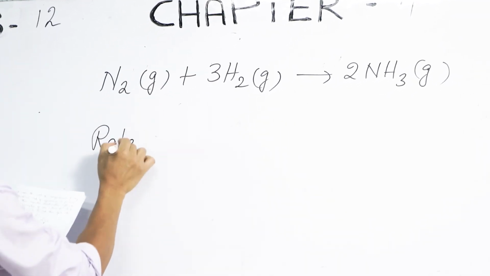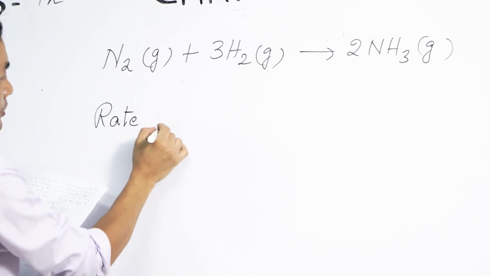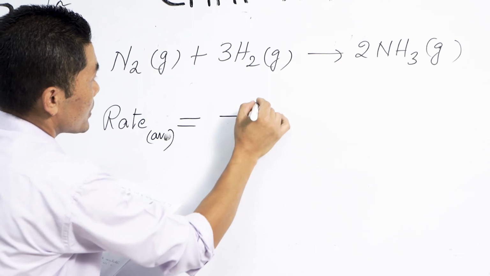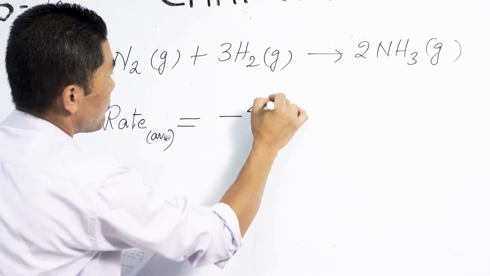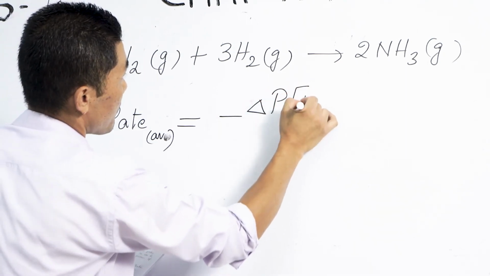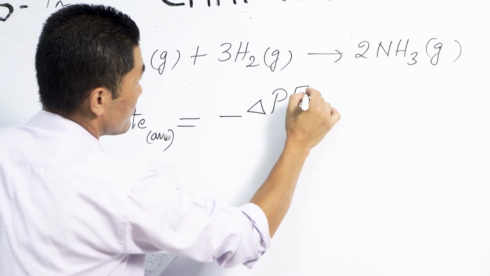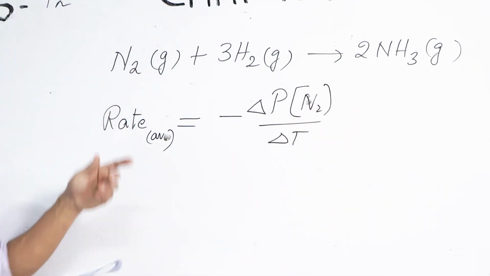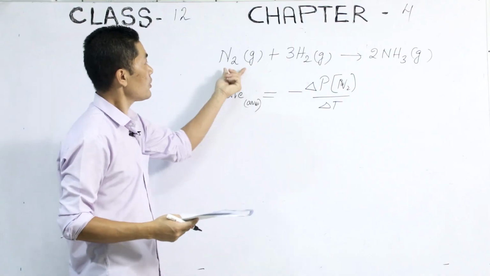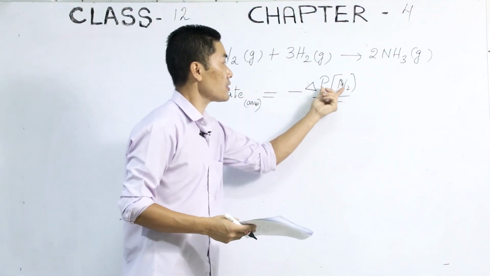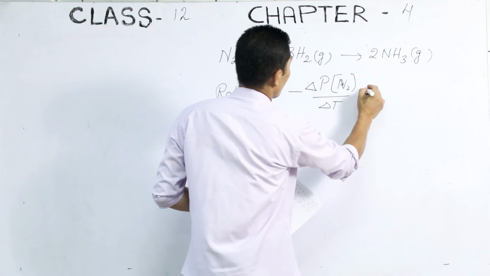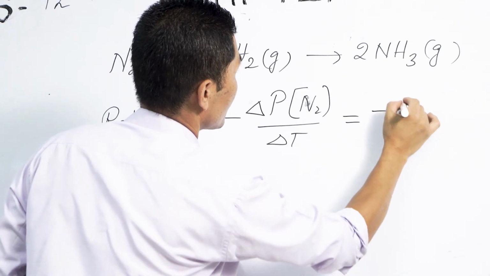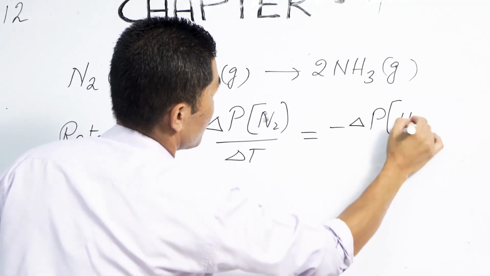So the average rate will be equal to the change in partial pressure of nitrogen by change in time. Instead of change in concentration, we can use the change in partial pressures. Likewise, for hydrogen also, we can use the change in pressure of hydrogen.